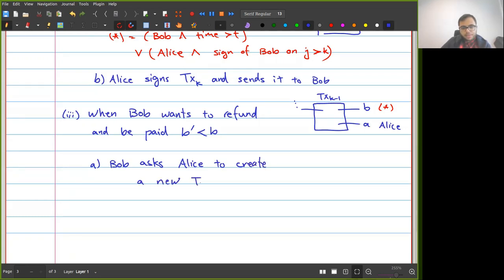So it's always Alice who's creating these transactions. And then in the next step, Alice creates transaction K.